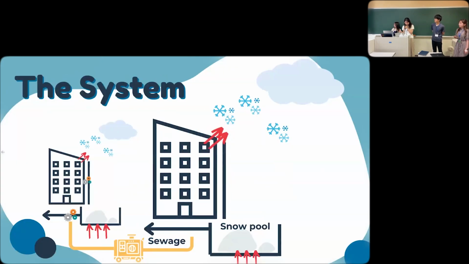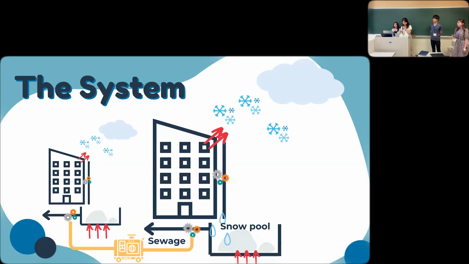Snow pool. And we also use the waste heat from the building to melt the snow into water again there. This water then is discharged into the sewer, and we generate electricity by utilizing the flow momentum.